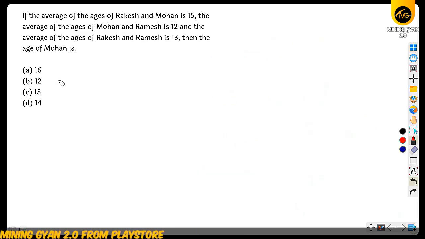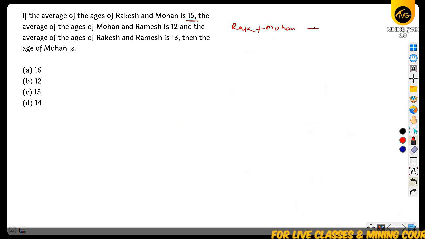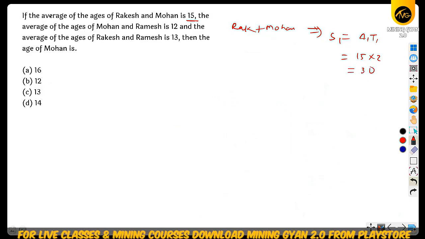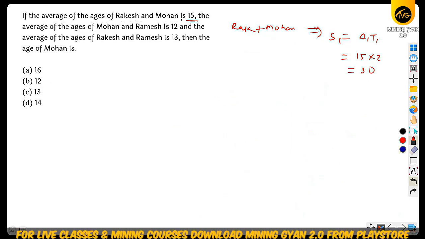If the average of the ages of Rakesh and Mohan is 15, then 15 into 2 is 30.